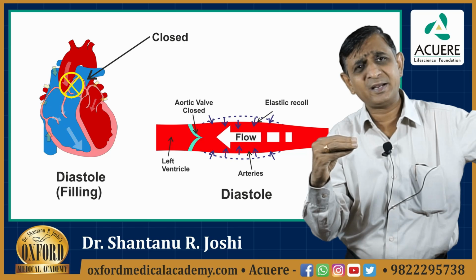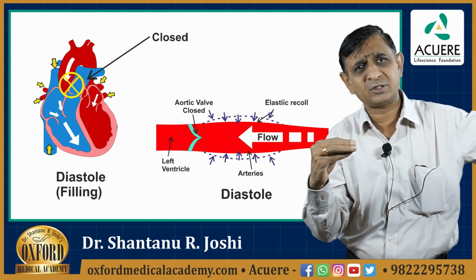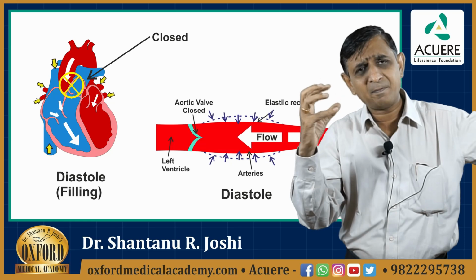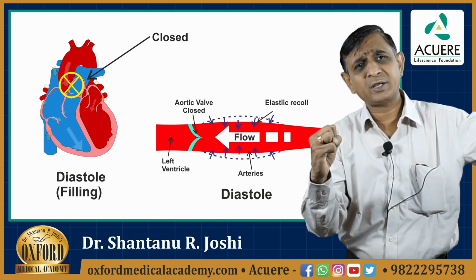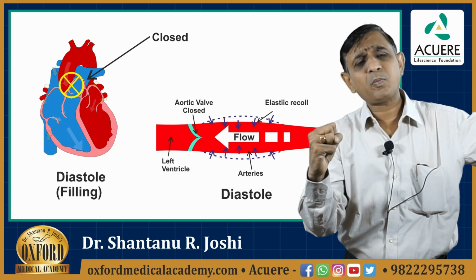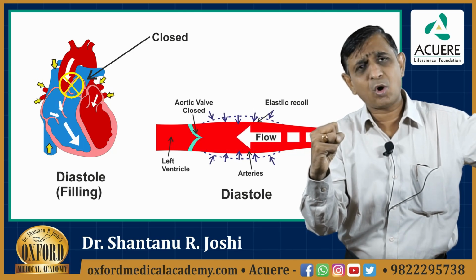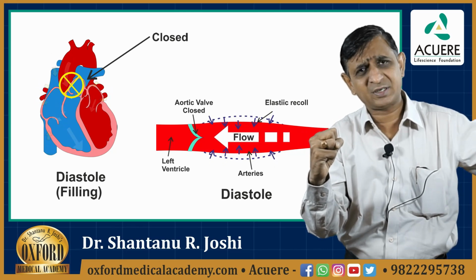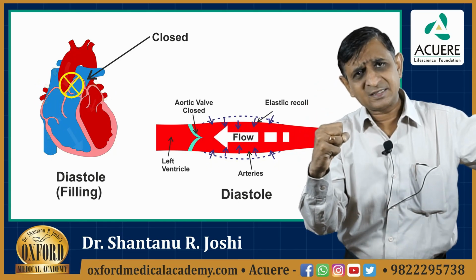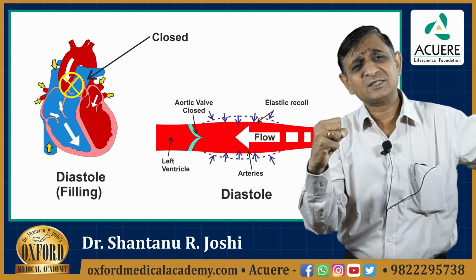Now this expanded tree will put pressure over the blood and the blood will come back up to the aortic valve. The aortic valve is closed. Now the elastic wall of the vessel is putting the pressure and the aortic valve is opposing it. This will be called diastolic blood pressure.